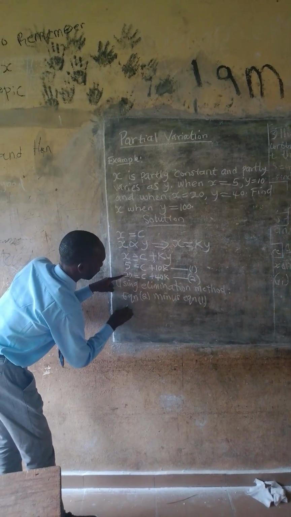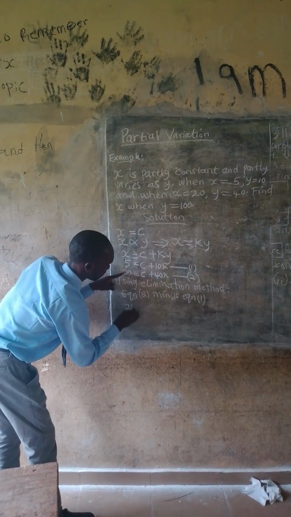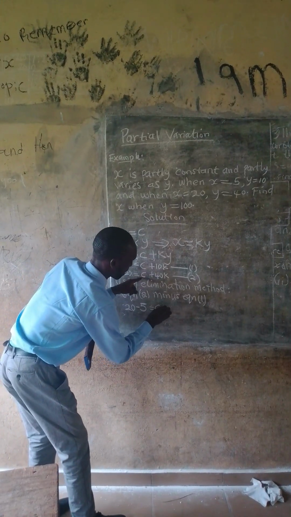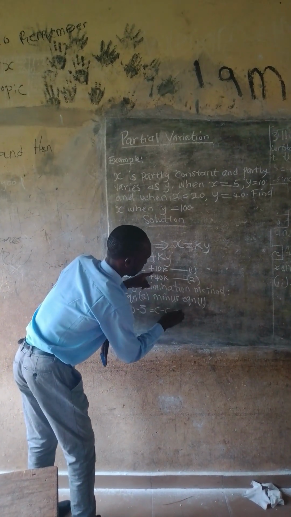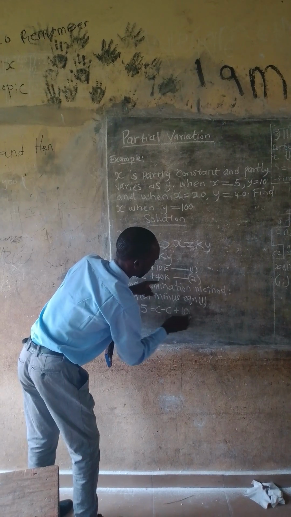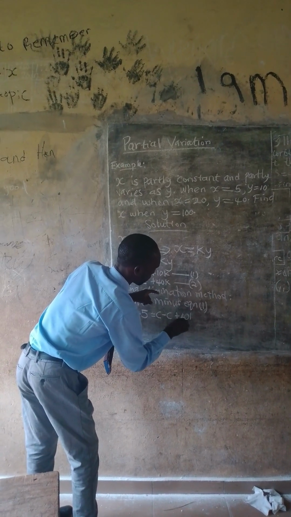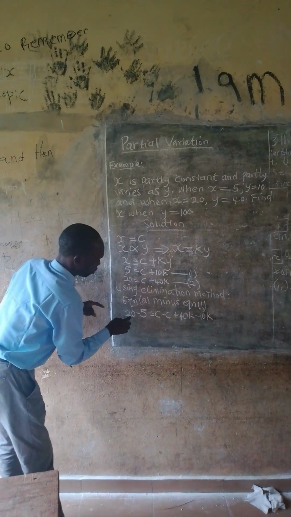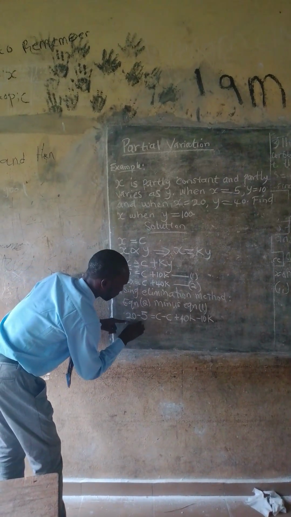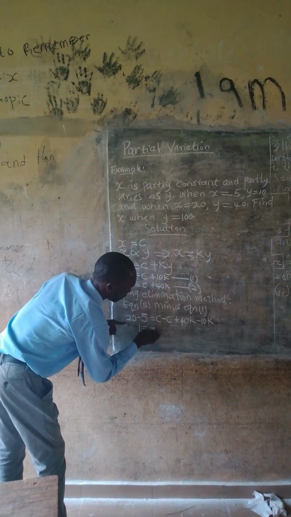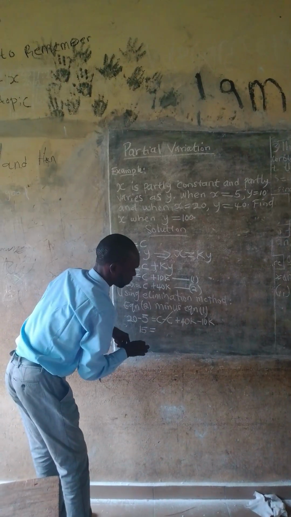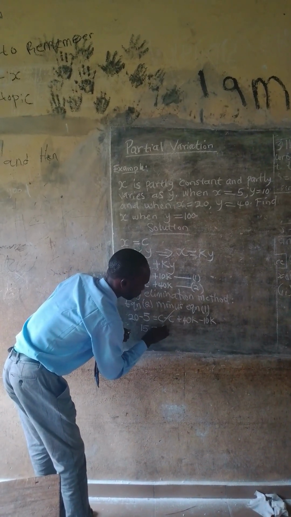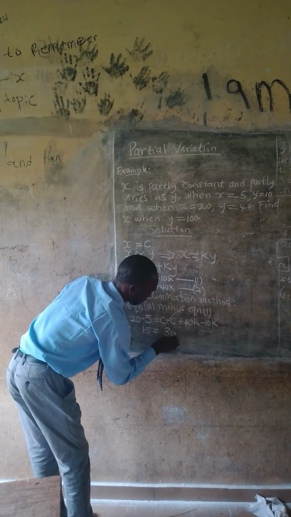So we now say 20 minus 5 equal to c minus c plus 40k minus 10k. 20 minus 5 will give us 15 equal to c minus c, that is 0. 40 minus 10 will give us 30k.